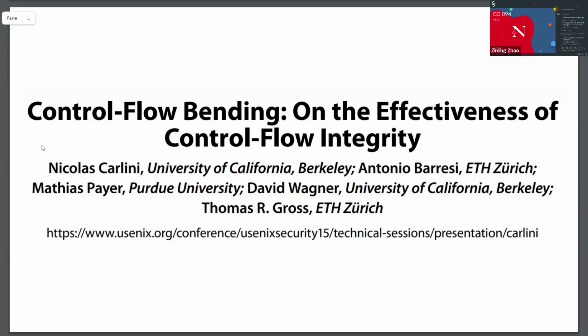Before those jumps are called, we verify if the target, the destination, is in that valid set range. This paper, control flow bending, published almost 10 years ago, proved that the control flow integrity approach we talked about can be defeated, especially with format string vulnerability.